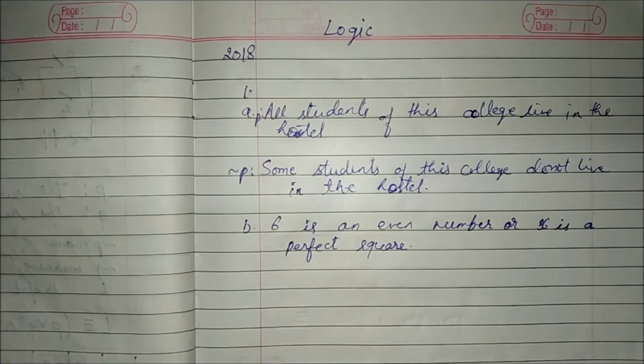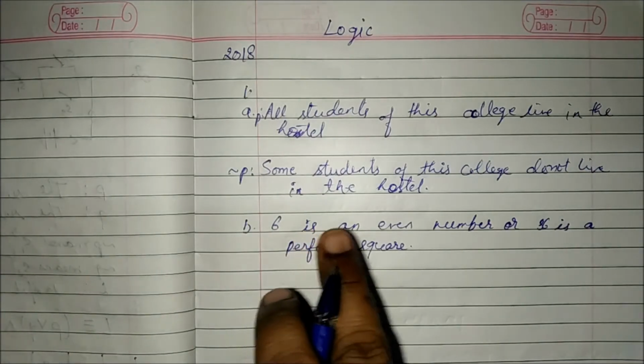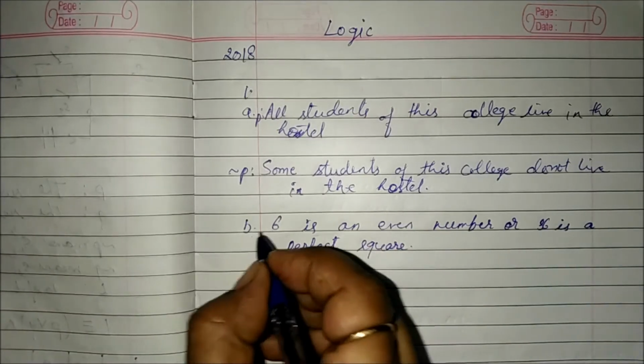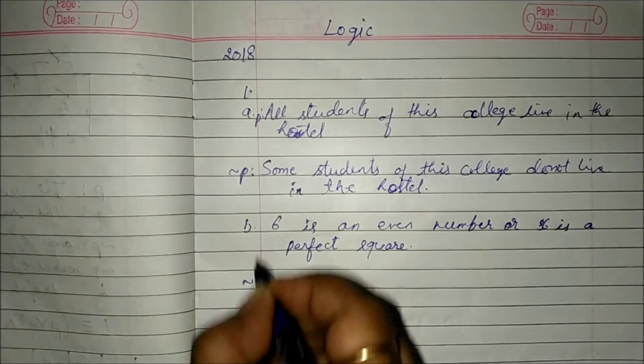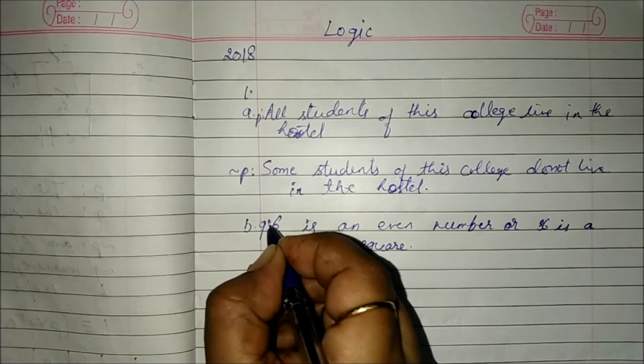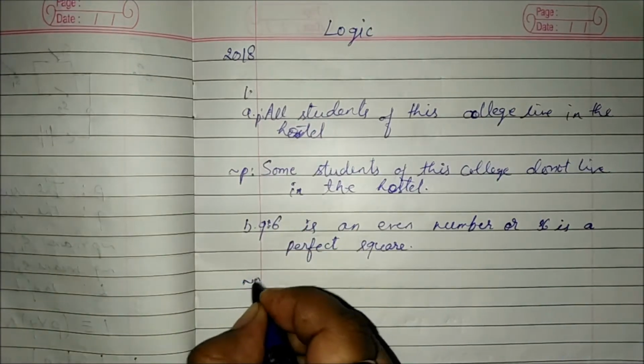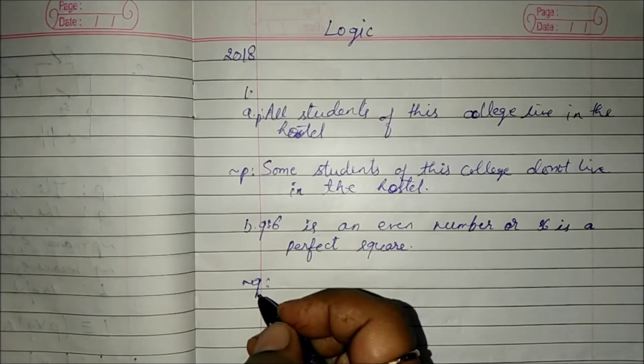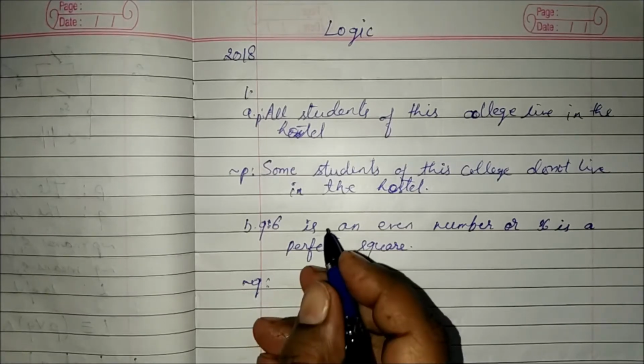Okay, so this is a statement. Say this is Q, we find not Q. Not Q means we have to just do the negation of this statement.